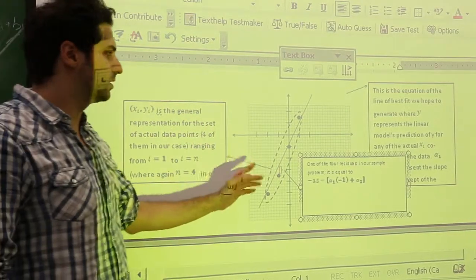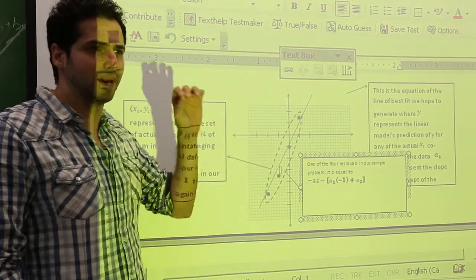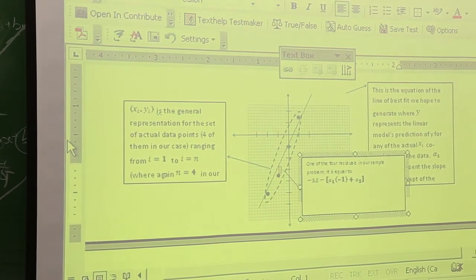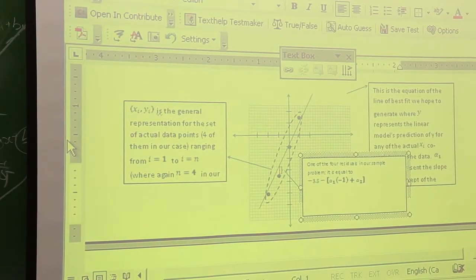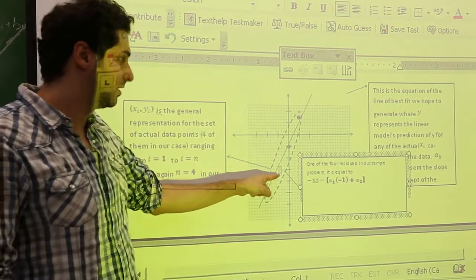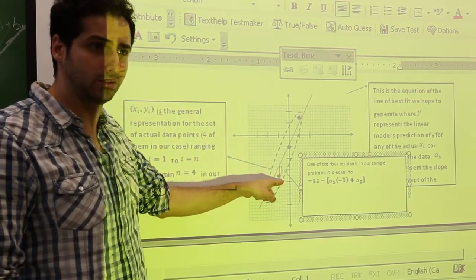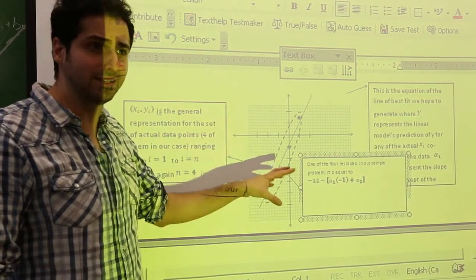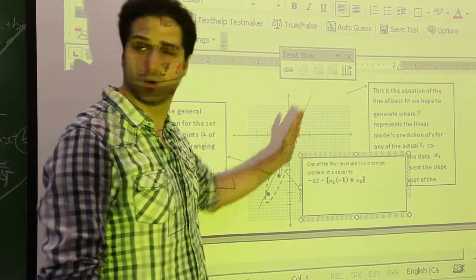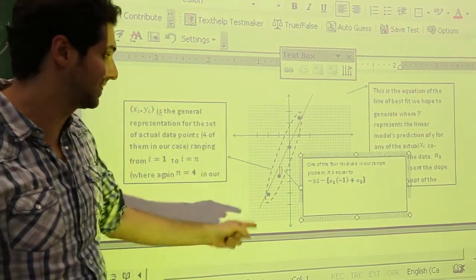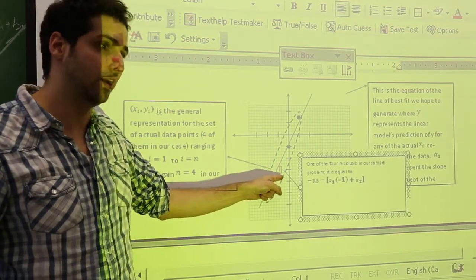In other words, this line is going to be a predicted line of best fit for the data, right? And a residual is defined as the difference between the height of an actual data point, in this case -3.5, and the height that the equation of best fit predicts will occur at the x coordinate of this point.